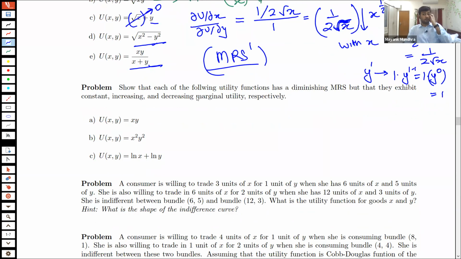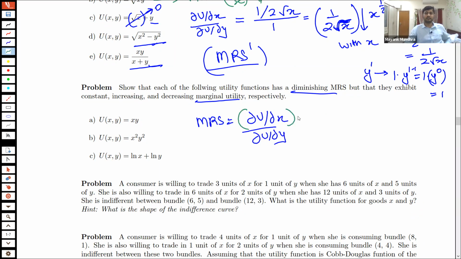Okay. So in these problems, what you have to do is show that MRS is diminishing, like I told you. The other thing is marginal utility. MRS is basically del u by del x upon del u by del y. Now this del u by del x is nothing but the marginal utility of good x.